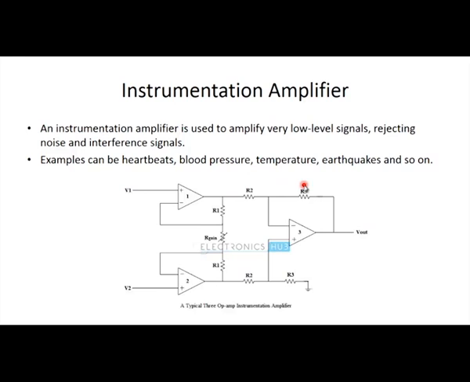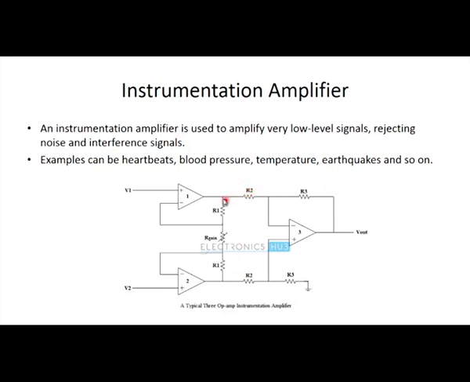The basic building block of the instrumentation amplifier is a differential amplifier circuit. In the previous lecture we have seen what the differential amplifier is, how it produces the output and what the amplification factor is. If you divide the circuit into three parts, the last part is the basic building block, the differential amplifier.